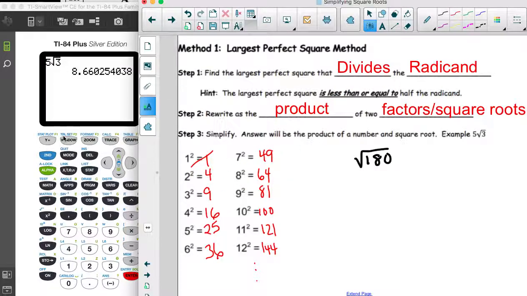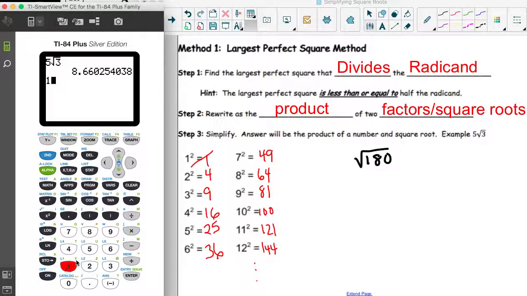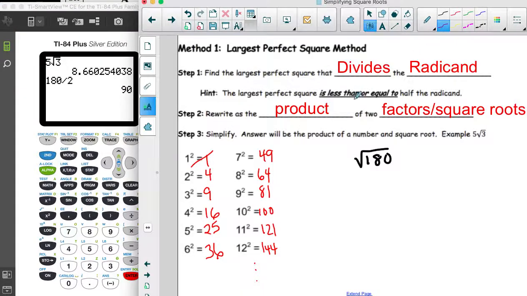So I'm going to divide 180 by 2, and we get 90. So that tells me that my largest perfect square has to be 81, 64, 49, 36, 25, or 16, 9, or 4. It has to be one of those numbers.